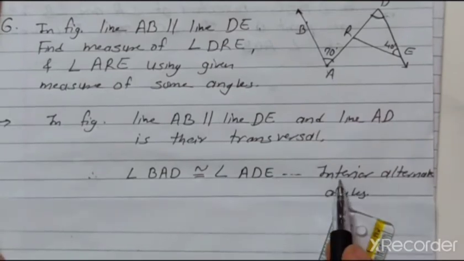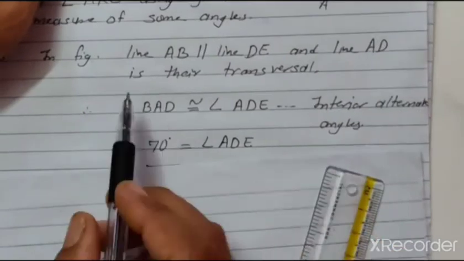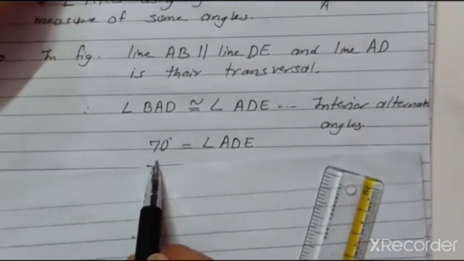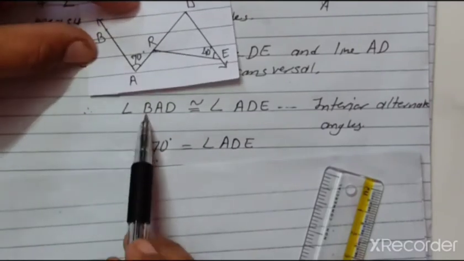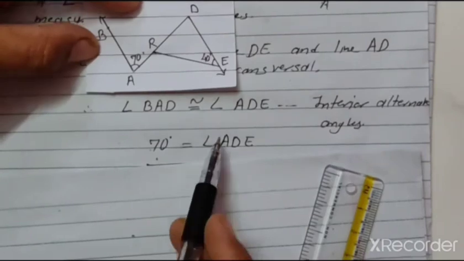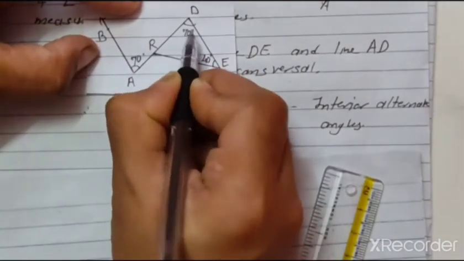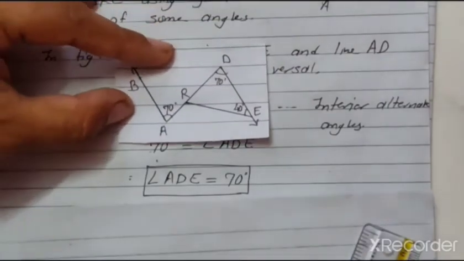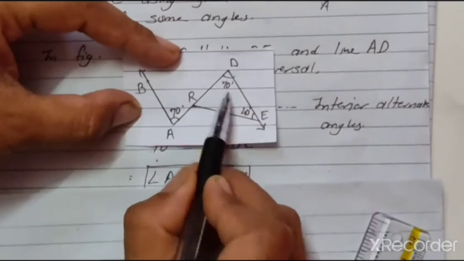Both are interior alternate angles. You know the value of this angle, it is given as 70 degrees. So I substitute this given value. Therefore the measure of ADE becomes 70 degrees.